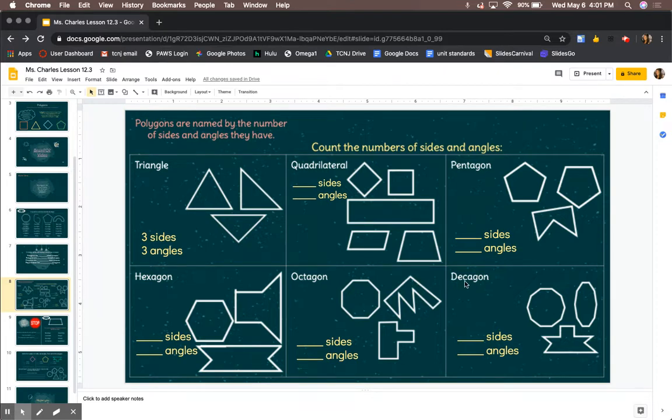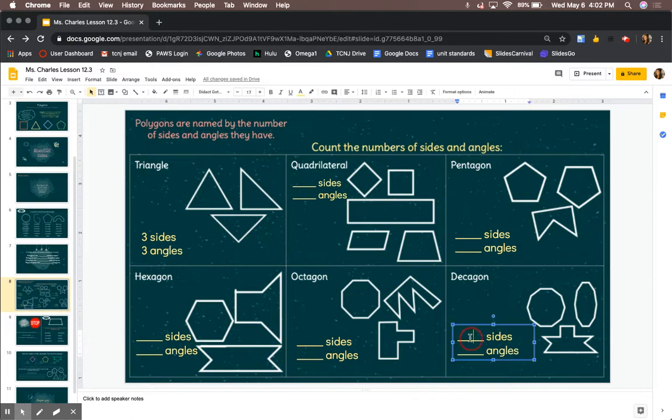So we could also do decagon together because I feel like it might be a little bit hard to see the lines and the angles for this one since it is a little bit smaller. So let's count them together. 1, 2, 3, 4, 5, 6, 7, 8, 9, 10.